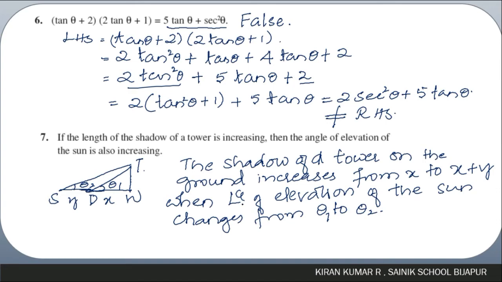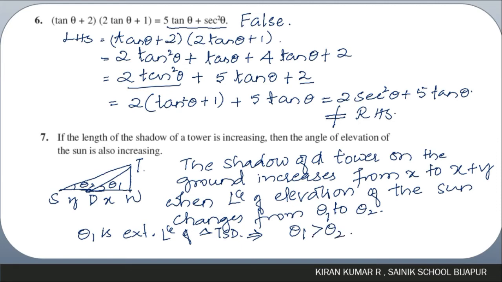Look at theta 1. This theta 1 is an exterior angle of the triangle TSD. Theta 1 is the exterior angle of triangle TSD. This means that the angle theta 1 is larger than theta 2.